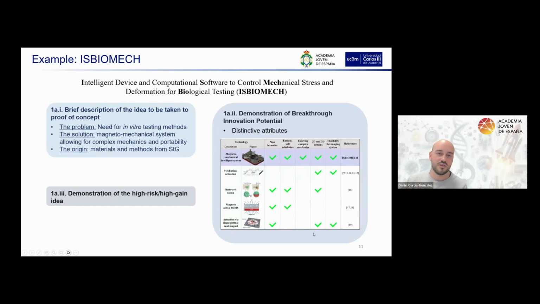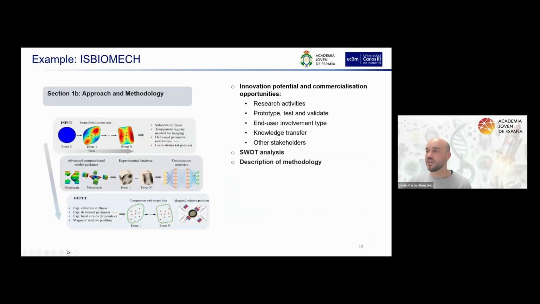This is kind of visual table, or it can be a table just with some insights, where basically you need to analyze the different technologies that are there, that are competing with you, and then your technology. And what I try to do is like showing different attributes and clearly showing what you are providing new. Then demonstration of the high risk, high gain idea. Okay, so to be honest, this is more like the blah, blah, blah, right? That we need to put in our project, but you need to link properly.